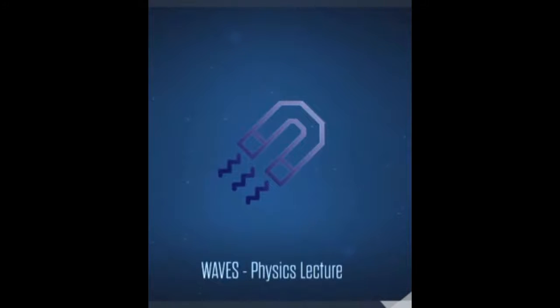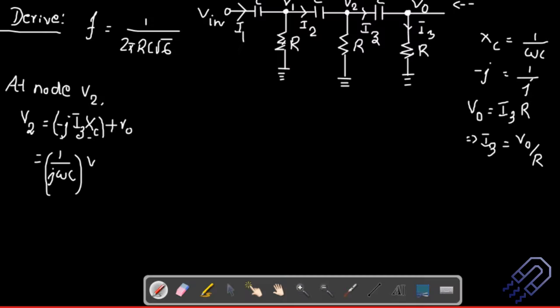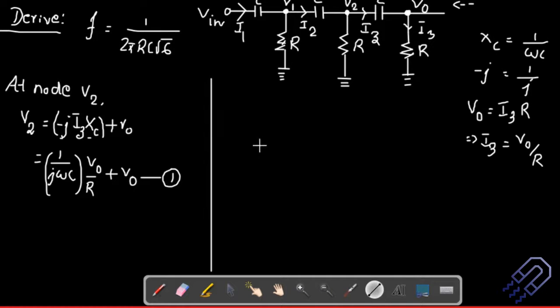I3 is V0 by R. So you simply write it down as V0 divided by R plus V0. So we have simplified this, and we can take V0 common, but let's take it later, and we will mark this as equation 1. We'll be having a lot of equations, so let's try to remember all of them, or write them down. If you write it down in your notes, it will be easier for you.